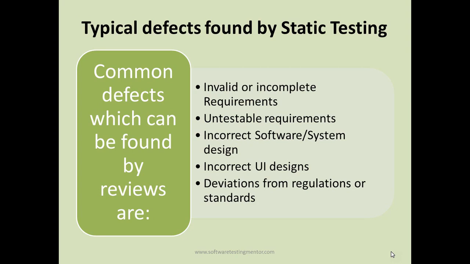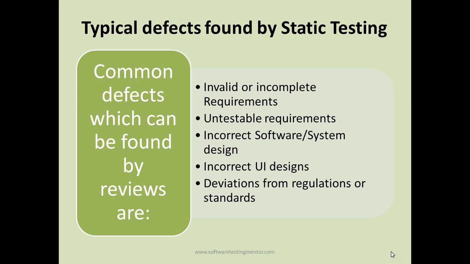Whenever you are doing software development, there are many standards and regulations that need to be followed nowadays. For example, accessibility. If you are developing an application, the accessibility standard has to be met.